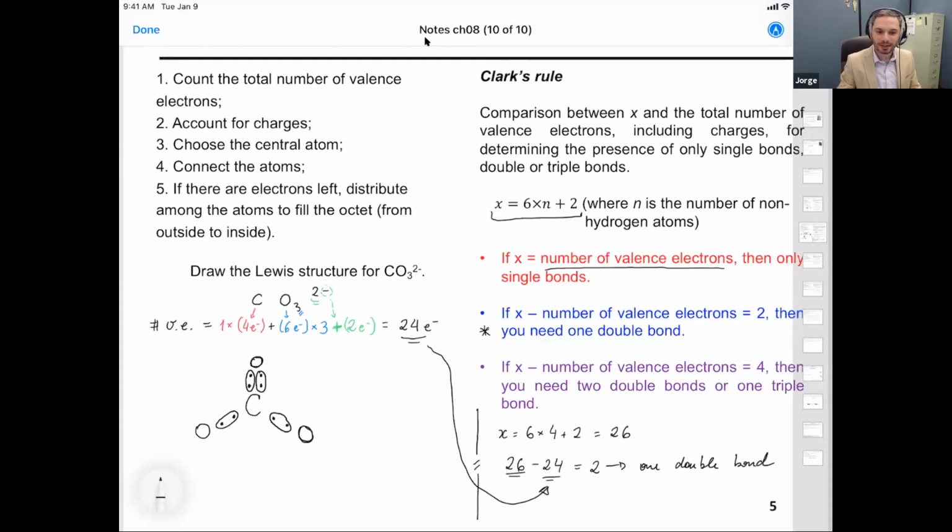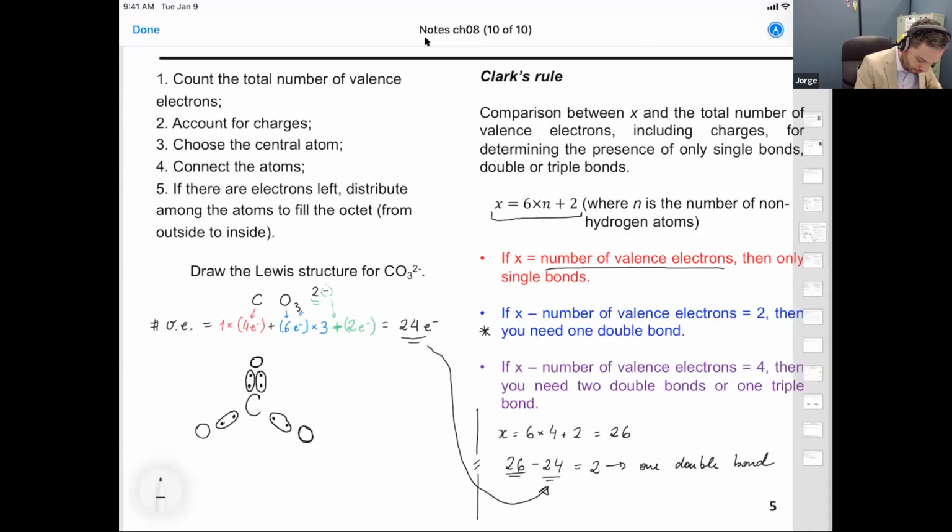And with that, I know that there must be one double bond. And I picked the double bond to be between the carbon and the oxygen at the top of the structure. It doesn't matter the position of the bond, okay? So it must be there. You pick whatever carbon-oxygen you want to fill up the double bond. Okay, so now let's count how many electrons I needed to use just to bond the atoms, just to connect the atoms.